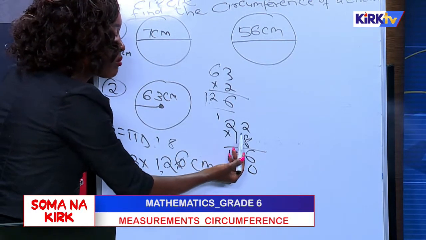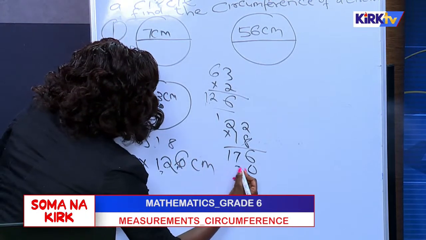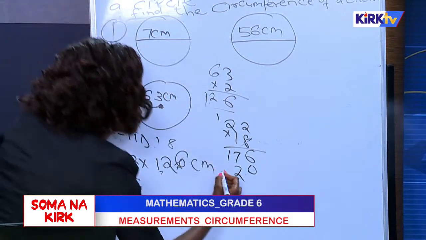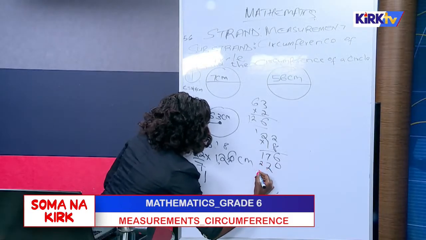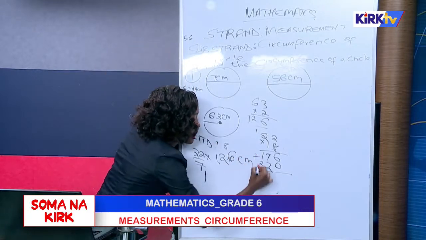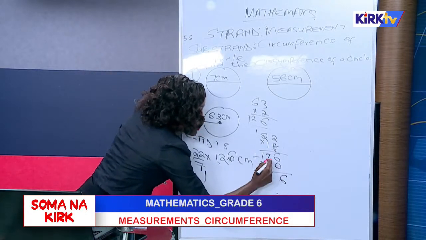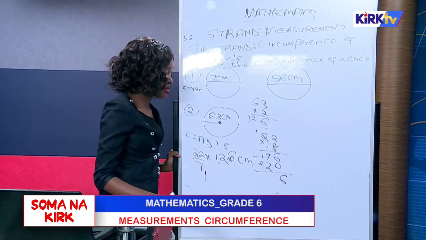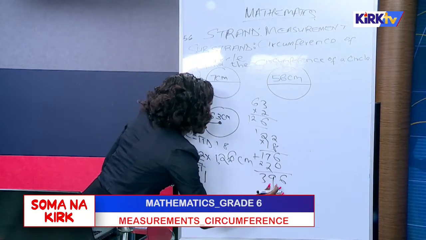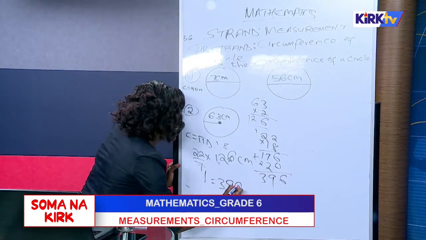Then 1 multiplied by 2, you get 2, and you write it here. Then 1 multiplied by 2, you write 2 just in front there. After you're done, we add the numbers. We get 6, 7 plus 2 is 9, and then 3. So our answer here is 396 centimeters.